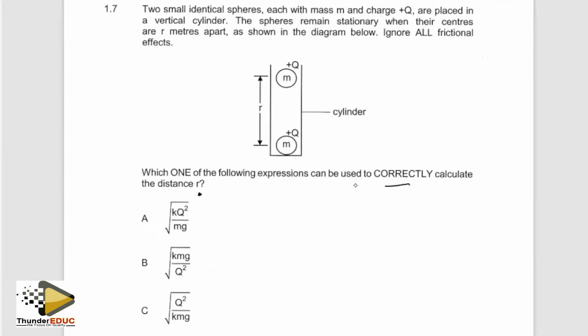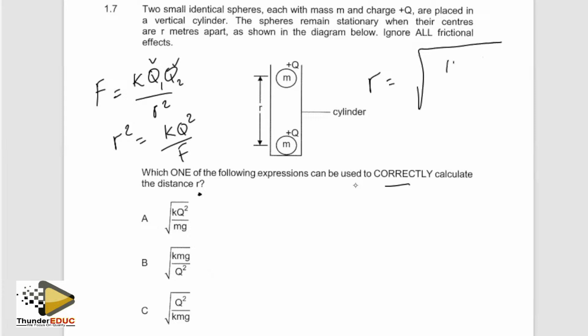From Coulomb's law, we know that F = kQ1Q2 over r squared. Let's cross multiply, and since Q1 is the same as Q2, that's going to be kQ squared over F. Then you take the square root. It means it's the square root of kQ squared over F.